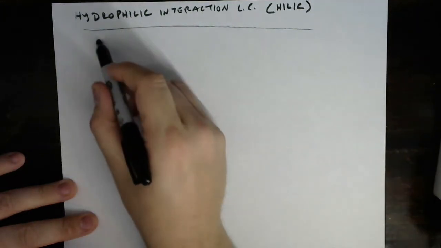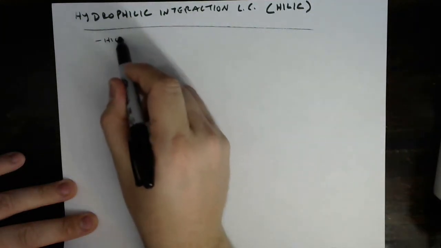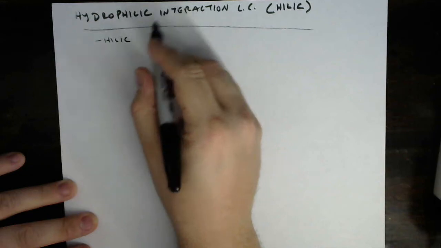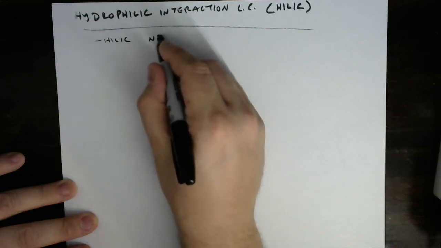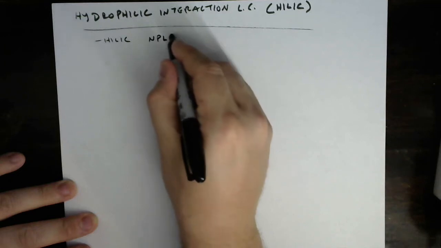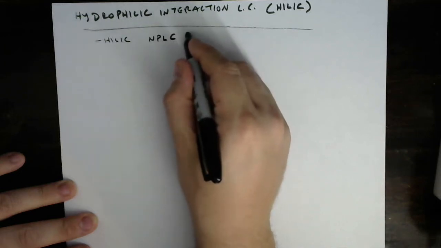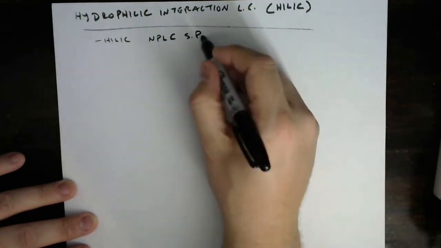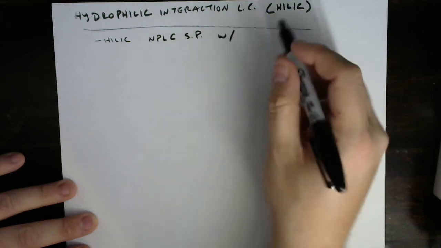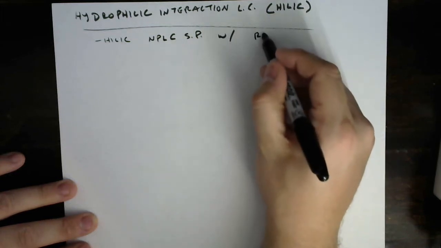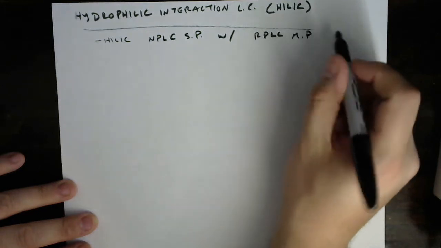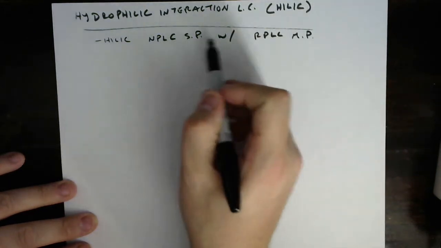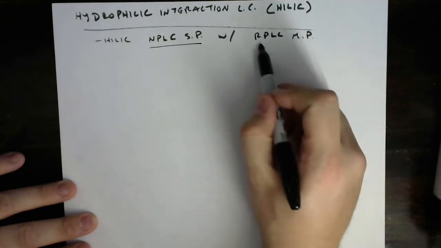So what I mean by that is that HILIC is essentially normal phase LC stationary phases with reverse phase LC mobile phases, which sounds like why would that ever possibly work, right?